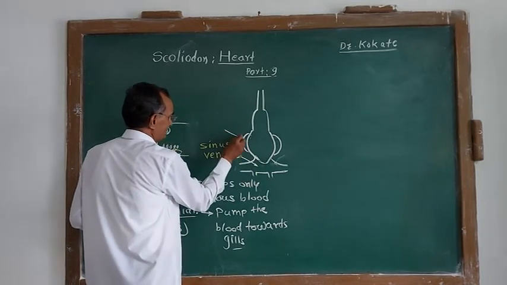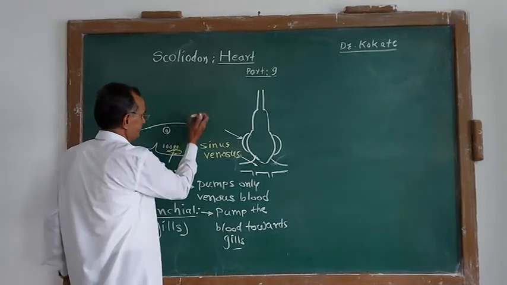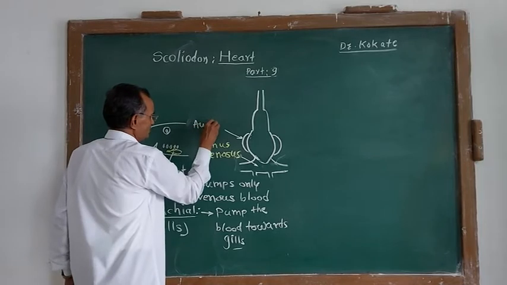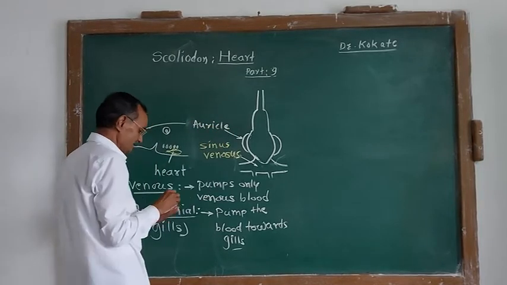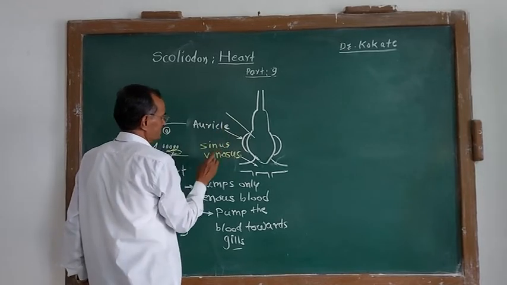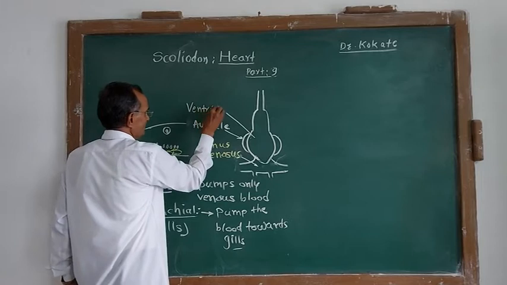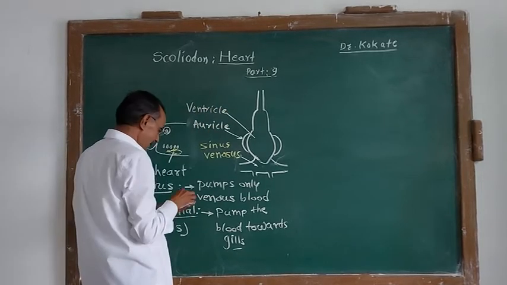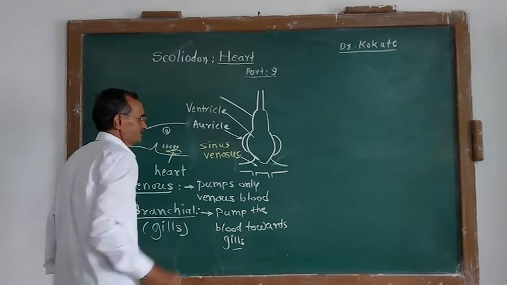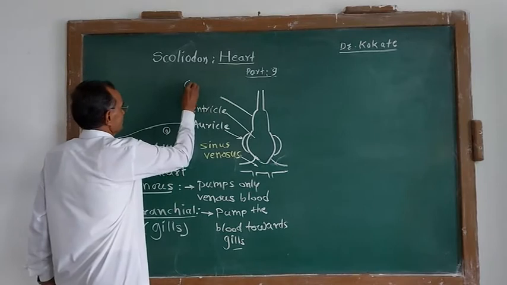This chamber, the sinus venosus, opens into the next chamber, and that chamber is called the auricle. Remember, it has only a single auricle. This auricle opens into the chamber called the ventricle. The ventricle then opens into the next chamber known as the conus arteriosus.